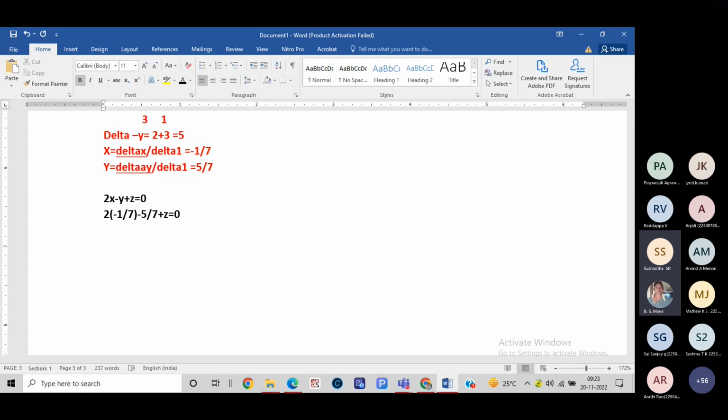Now take the common factor. Minus 2 minus 5 divided by 7. Any doubt? I took 7 as the LCM.